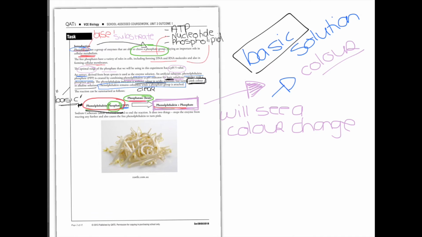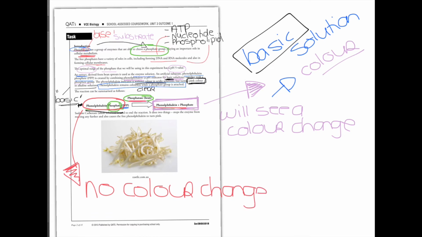So therefore, we will see no colour change. Or if the reaction is occurring, but at a much slower rate, you might see a reduced colour change.